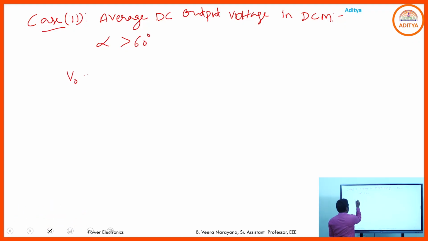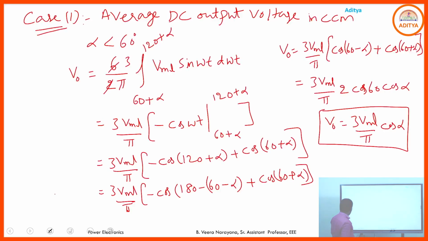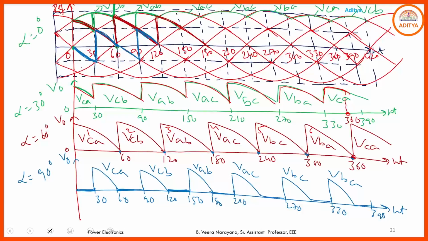Here V0 is equal to, see the output voltage waveform. Here if you choose alpha equal to 60, VAB will appear from 120 to 180. If you choose alpha equal to 90, what is the duration of VAB? 150 to 180. If you choose alpha equal to 75, then 135 to 180.